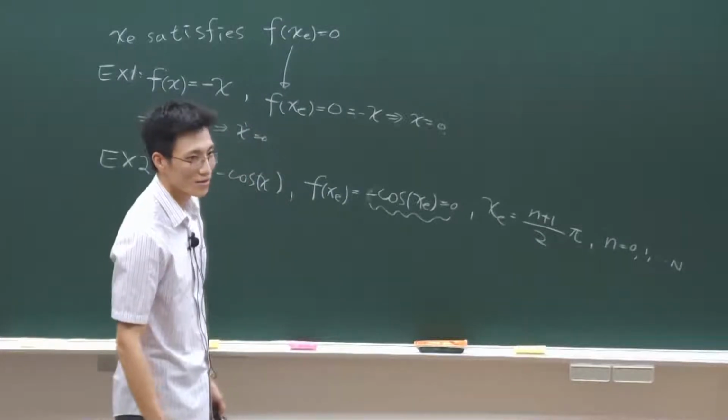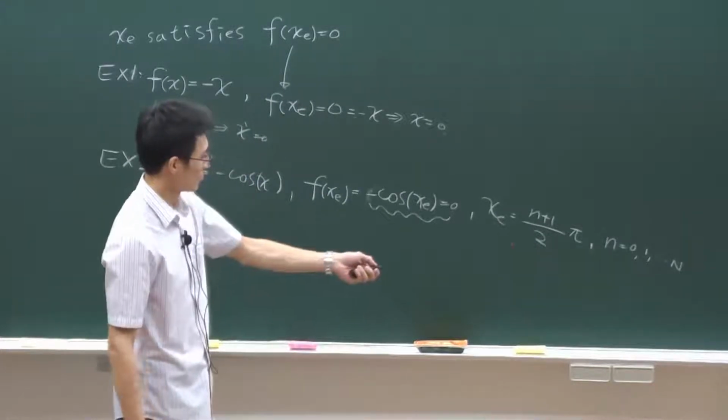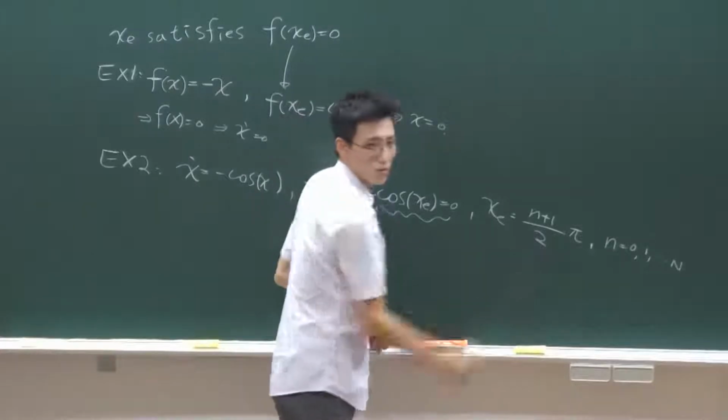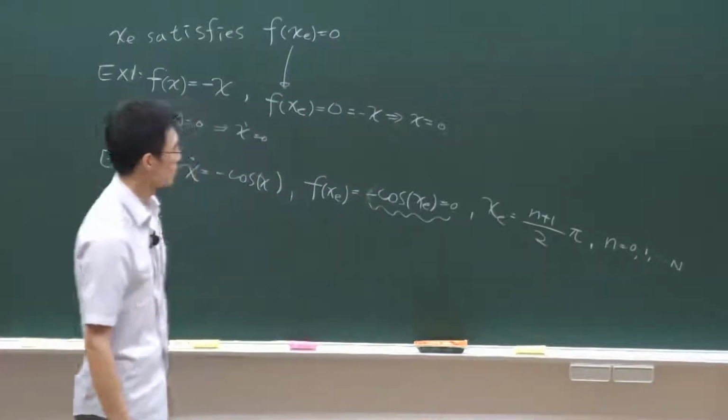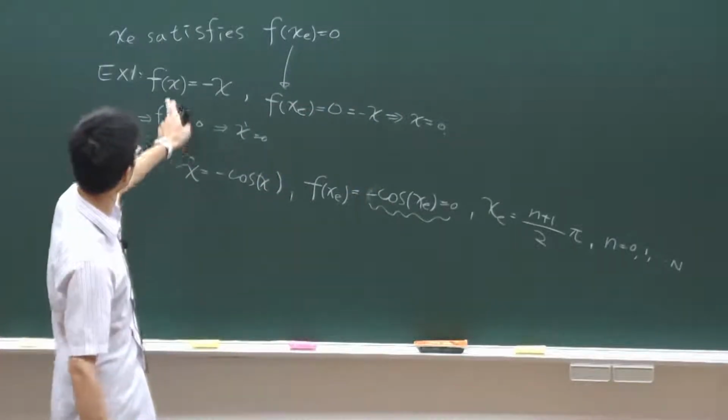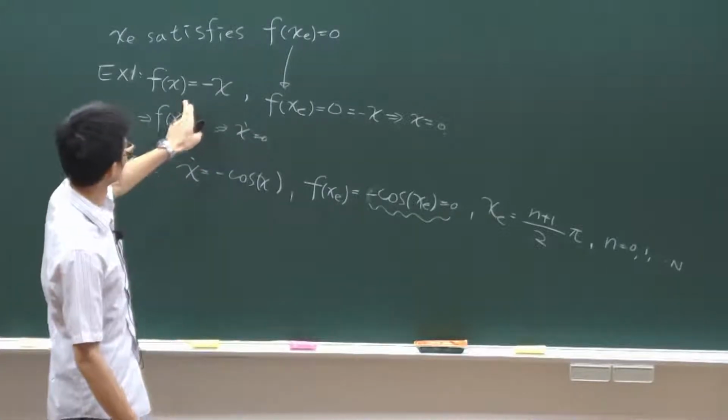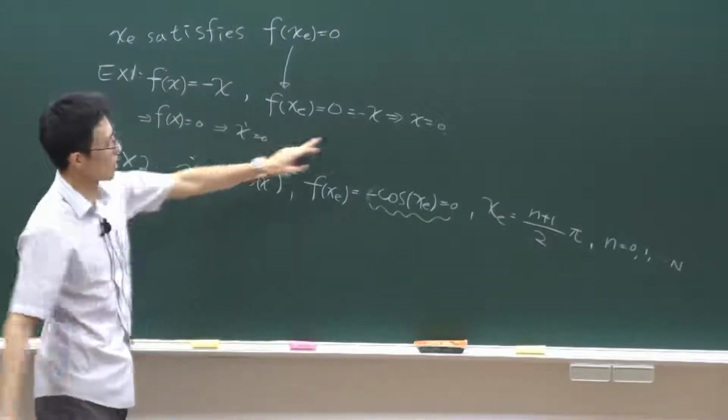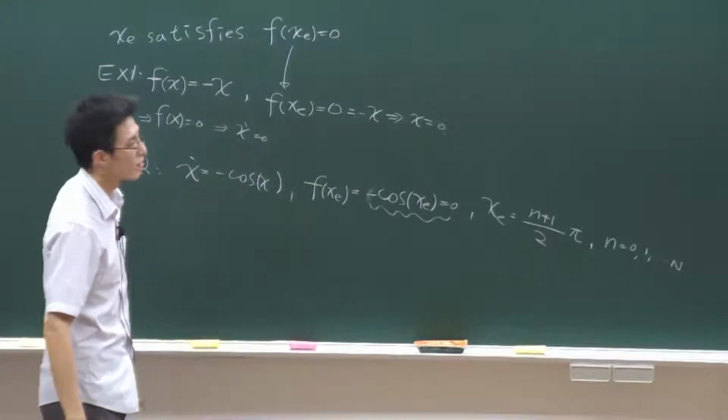So you have multiple equilibrium points here, and the first one is a linear system, so you have only one equilibrium point.